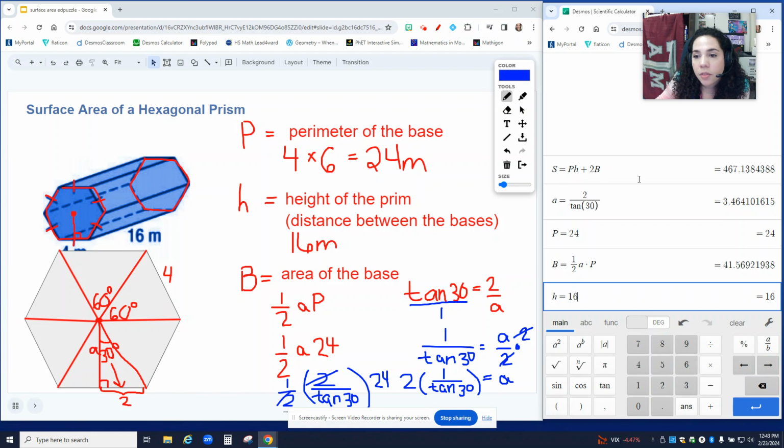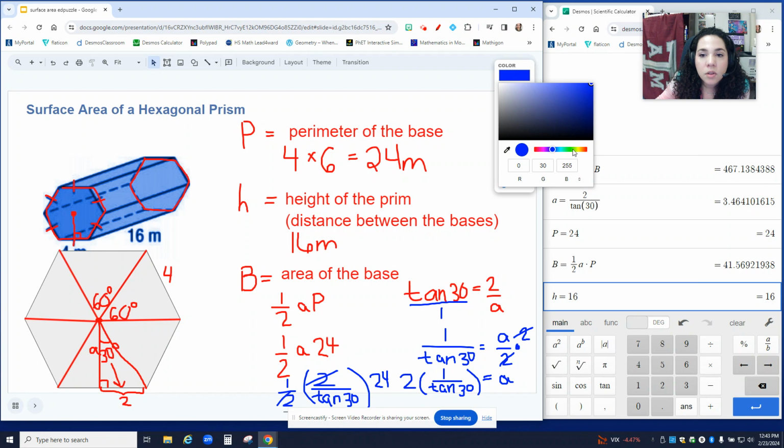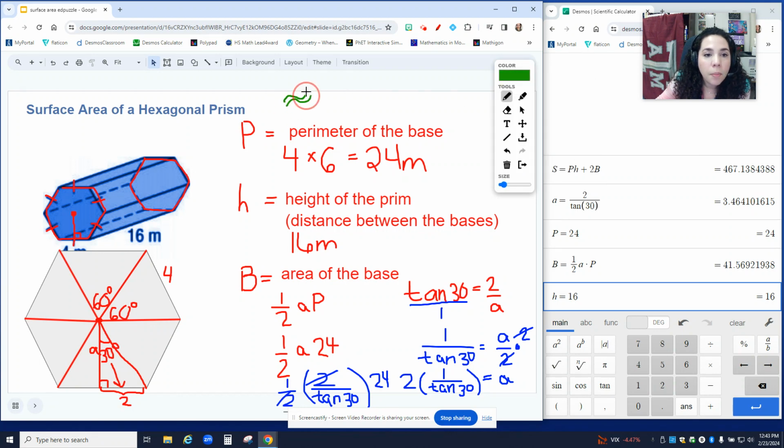A was my apothem. So we're getting approximately 467.138 square meters. Area is 2-dimensional.